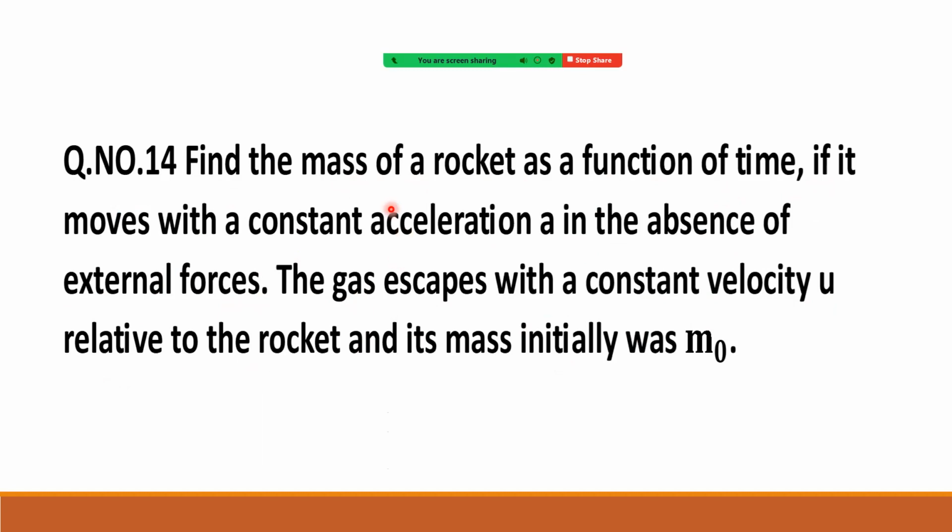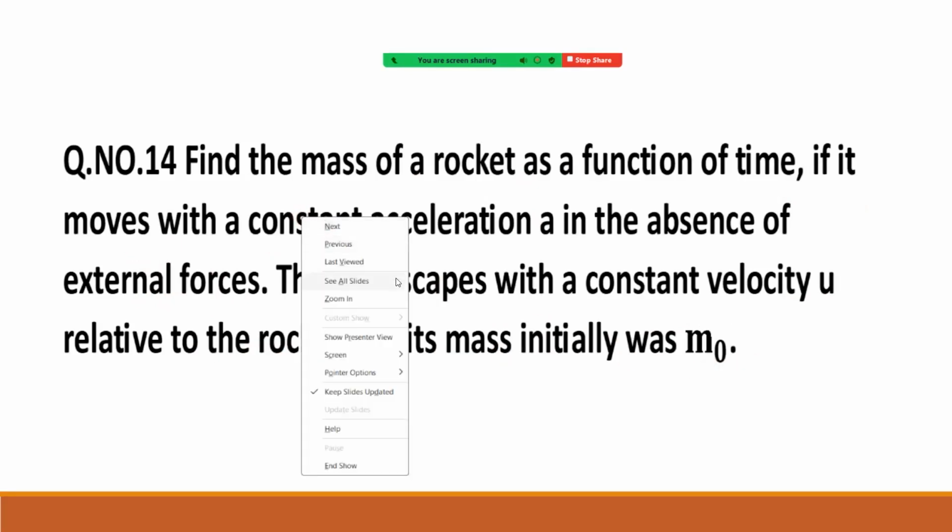So we have to find mass as a function of time if it moves with a constant acceleration a, in the absence of external forces. The gas escapes with a constant velocity u relative to the rocket. Initially mass was m naught.